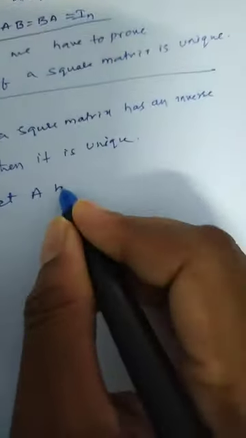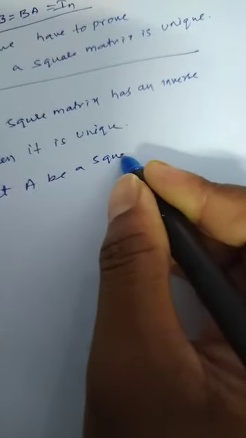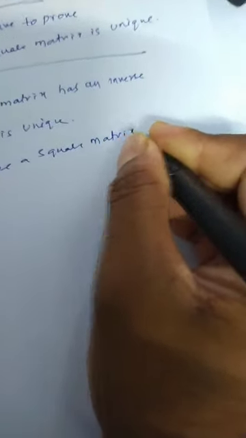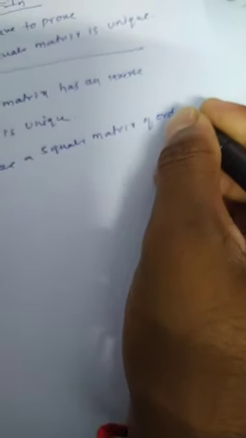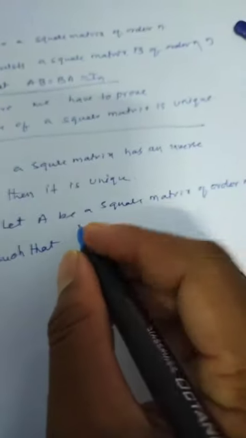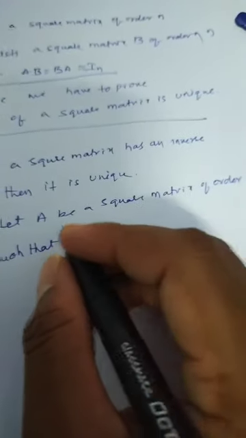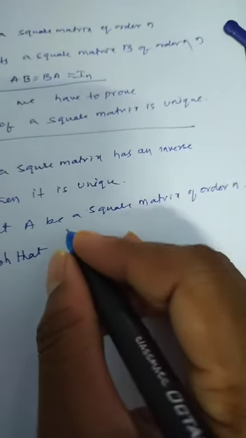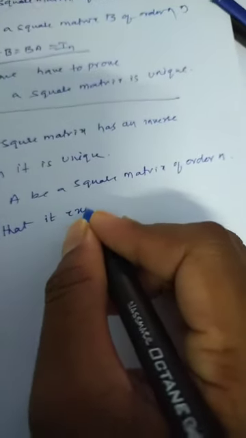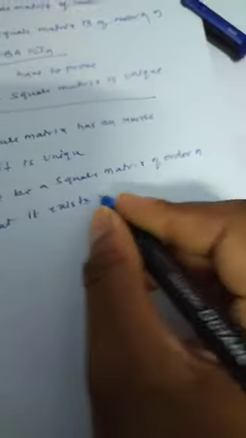I am taking one square matrix. Let capital A be a square matrix of order n, such that an inverse exists.